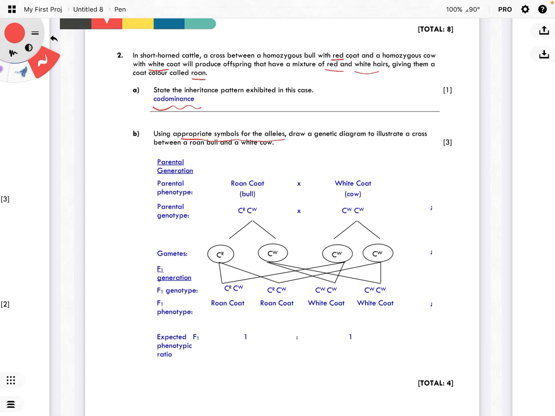Using appropriate symbols for the alleles, draw a genetic diagram to illustrate a cross between a roan bull and a white cow. A roan bull would have to have both forms of the alleles present. A white cow is likely homozygous for the white allele.